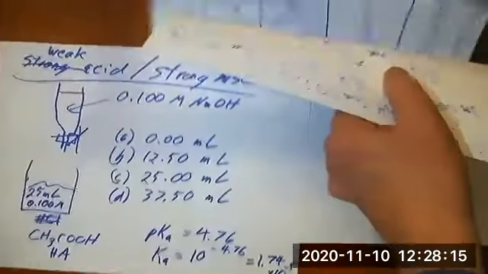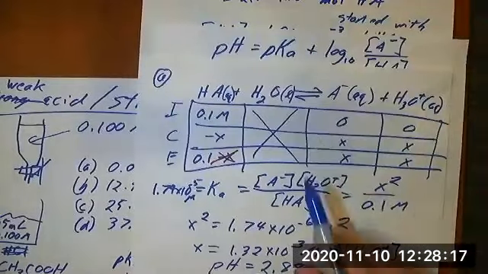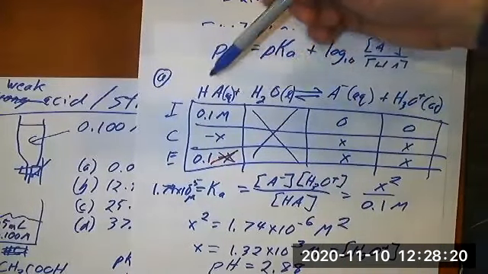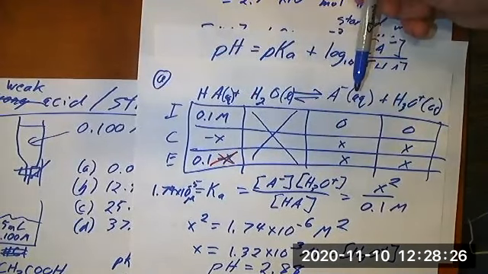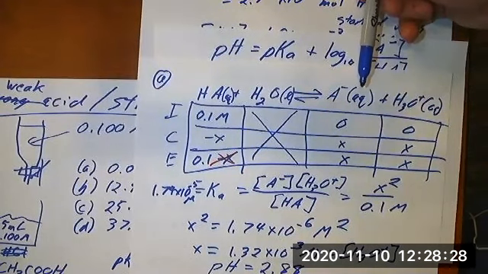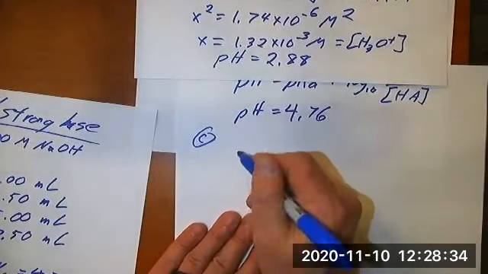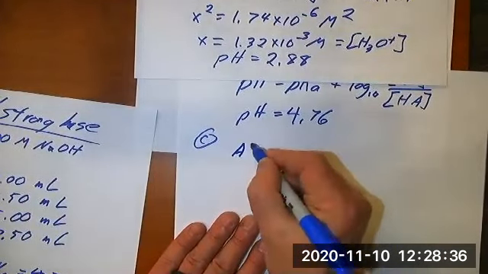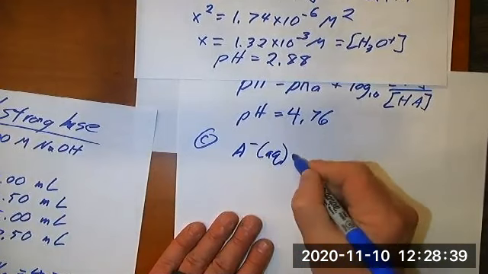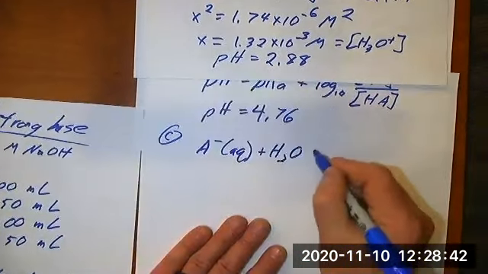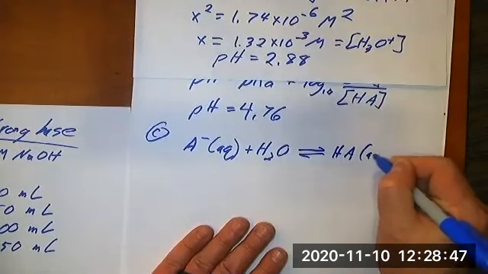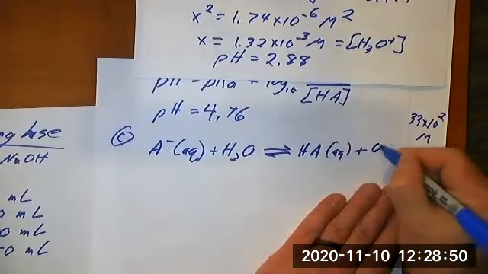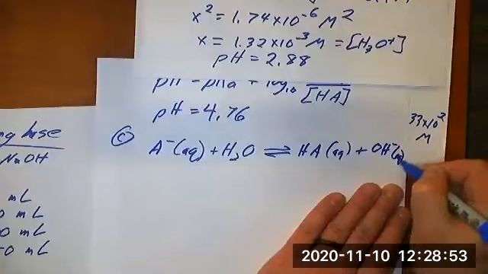So if we think about the strong base as pulling off the proton from the weak acid, all of the weak acid will have been converted to the conjugate base. So for this calculation, we have to use the base reaction for the conjugate base. So A minus aqueous plus H2O is in equilibrium with HA aqueous plus OH minus aqueous.